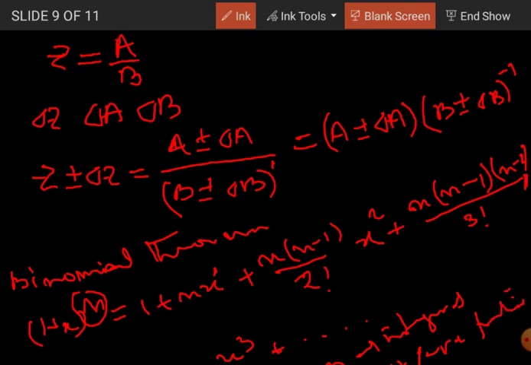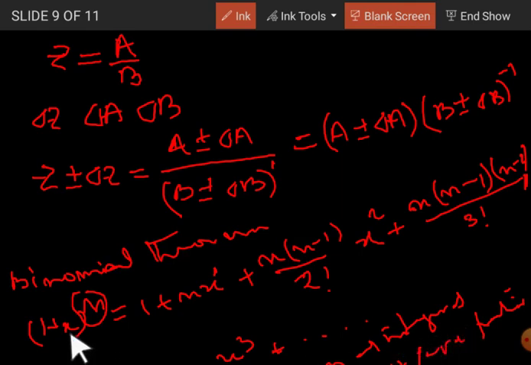I cannot write nicely because I'm writing with my mouse, so let me write in this way so as to make you understand. So n can be an integer, meaning plus or minus, and it can also be a plus or minus fraction. Got it? And what about this x?